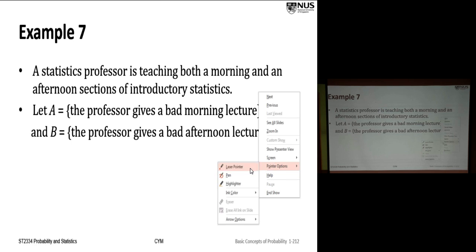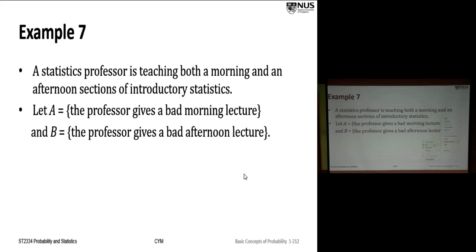We'll discuss this later in the chapter. But what I'm trying to tell you is that this is just one definition of independent events. So my point is, don't try to use your own experience to judge whether two events are independent or not. We have to use the definitions.